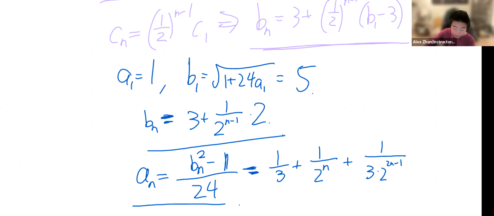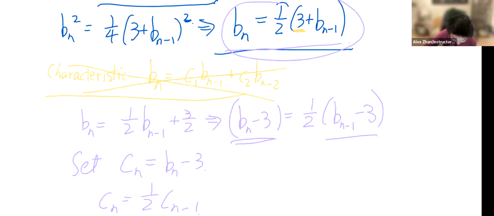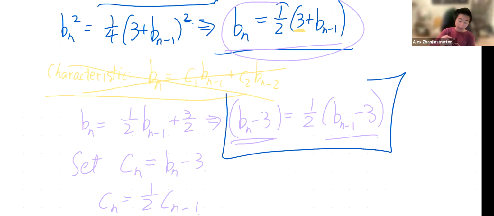Of course, the final answer isn't as important as the technique of how we solved it. One of the most important techniques introduced here is this part, because if you encounter something like b_n equals some coefficient times b_{n-1} plus some constant, what you should do is try to add or subtract some special constant from both sides so that you can turn it into a geometric sequence.